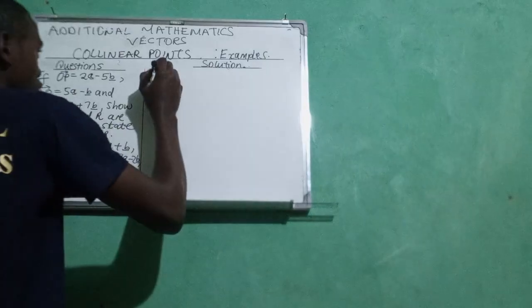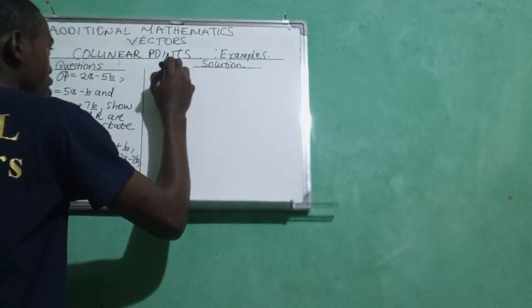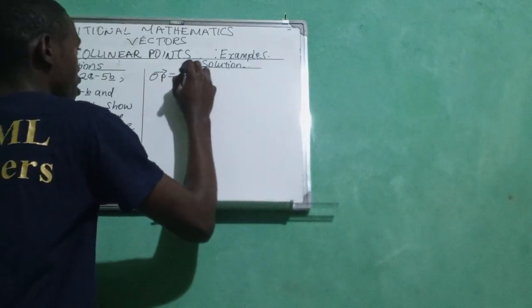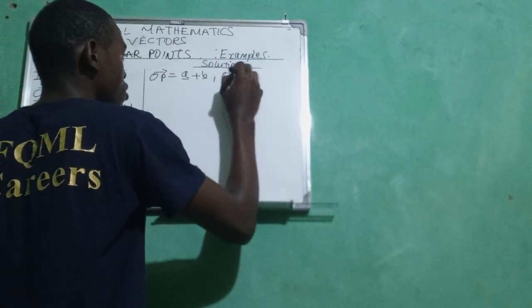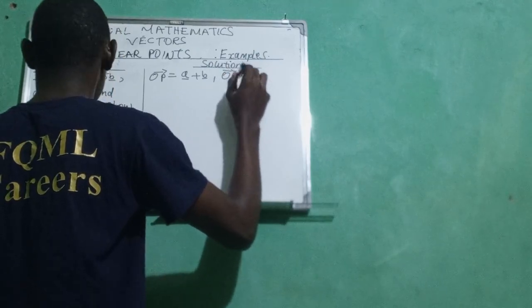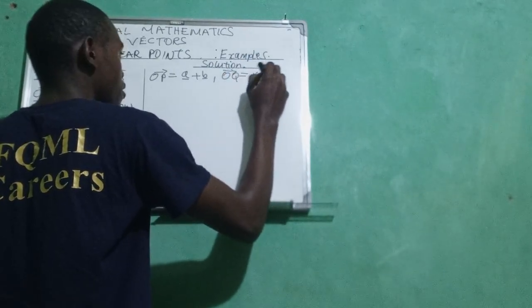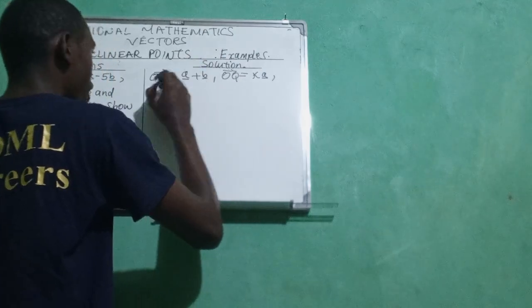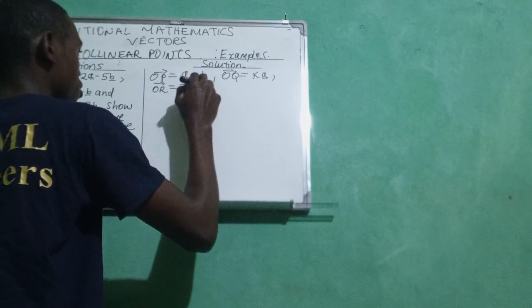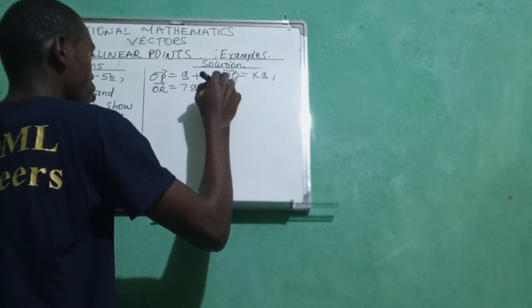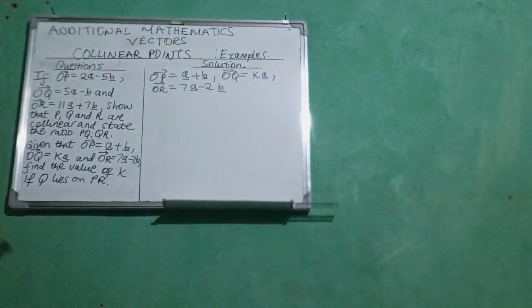First of all, let's write what we know. OP is equal to vector A plus vector B, and then OQ is equal to K of vector A, OR is equal to 7 of vector A minus 2 of vector B, like that. So you have those three vectors.